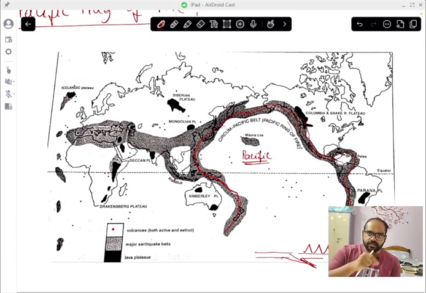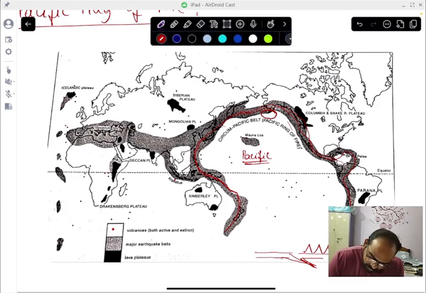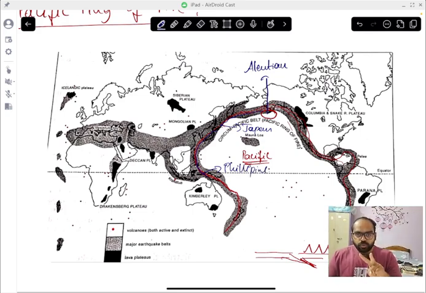What are the places that this Pacific Ring of Fire covers? It extends from the first belt, from the Aleutian Islands. See, this rounded part is the Aleutian Islands. From the Aleutian Islands, it travels towards Japan. From Japan, it goes to the Philippines, and at the Philippines, it breaks into two belts.